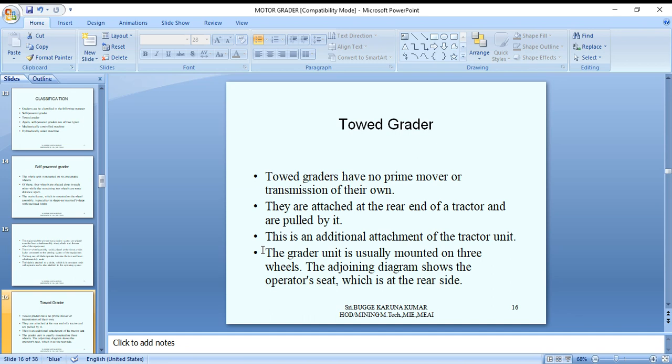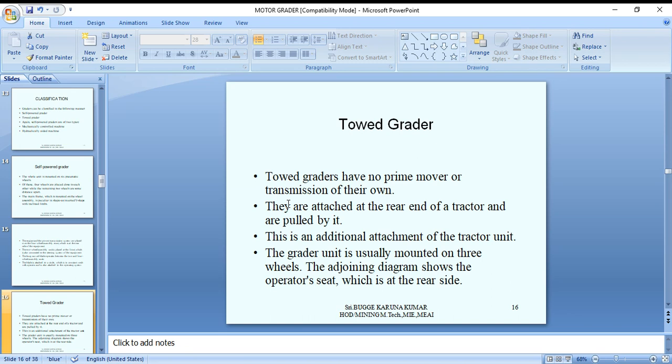They are attached at the rear end of the tractor and pulled by it, like an ideal grader blade attached to the back side of the tractor. The blade moves along with the tractor, and the backside blade can be moved depending on the tractor operator. This is an additional attachment of the tractor unit.